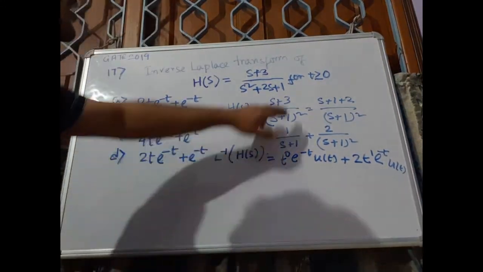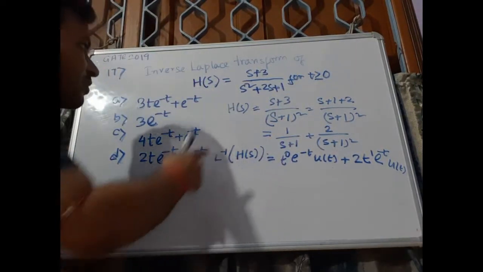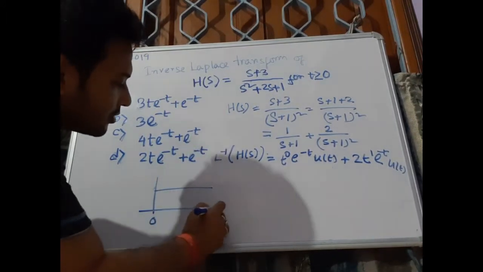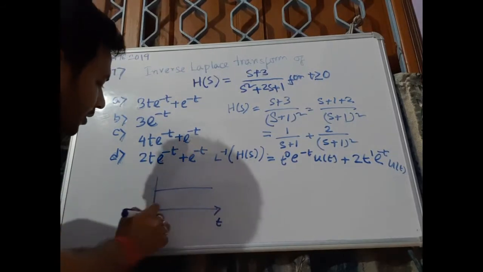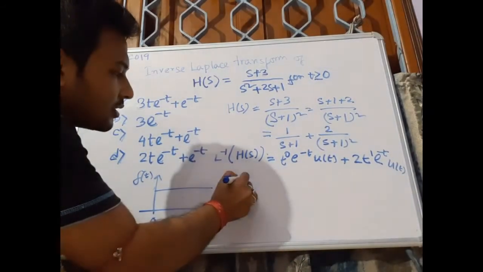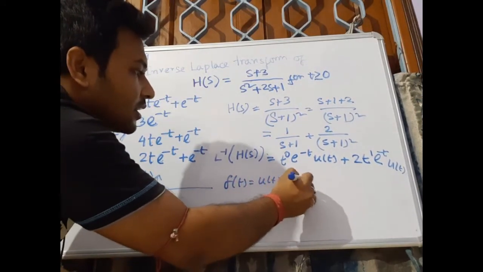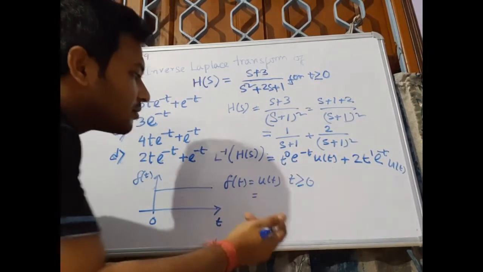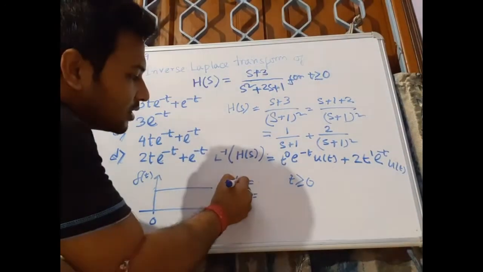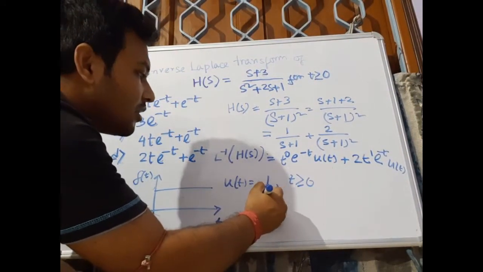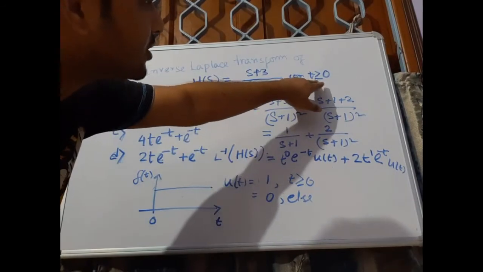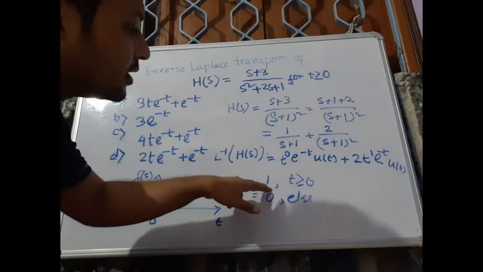Now you can see in the question that for t greater than or equal to 0, this unit function u(t) is equal to 1 for t greater than or equal to 0 and 0 otherwise. Now for t greater than 0, the value of u(t) is 1.